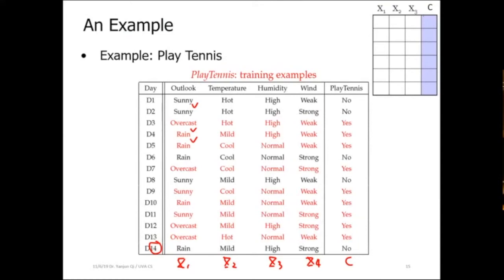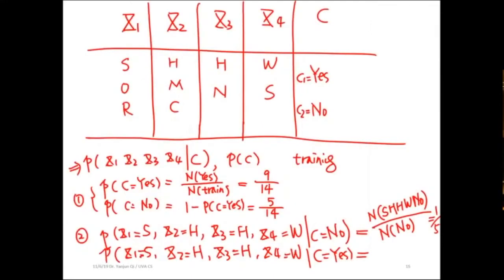Actually, no. We don't have SHHW in the yes cases, which makes this calculation 0 over 9. Okay, so this just gives you a flavor of what I mean by estimating this type of discrete random vector from the data when there's a class variable I want to predict.